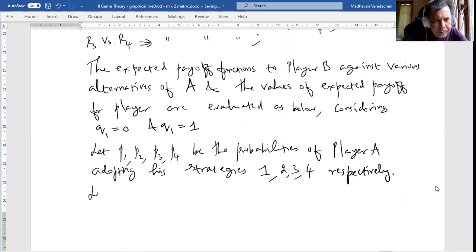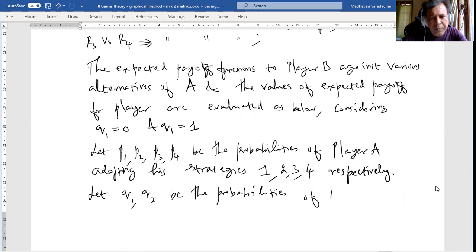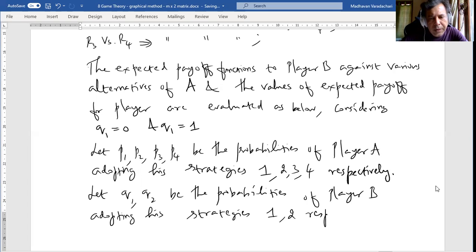Similarly, let Q1, Q2 be the probabilities of player B adopting his strategies 1, 2 respectively.